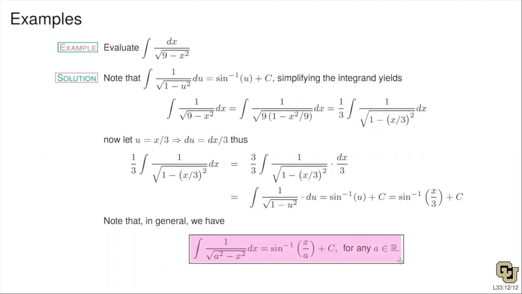So I wanted to do one example to show you the intricate calculations that get you there. And these calculations on this page should be okay because it's all algebraic manipulation. We're just trying to get it to look a certain way. And once we get that look, then we apply our known antiderivative formula.